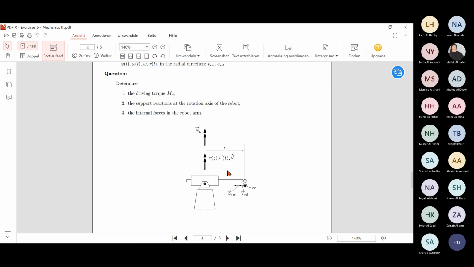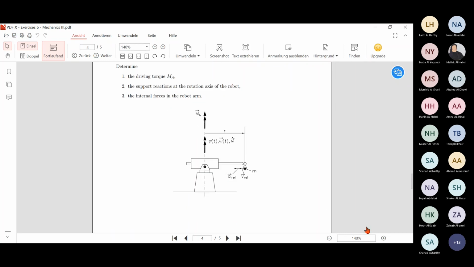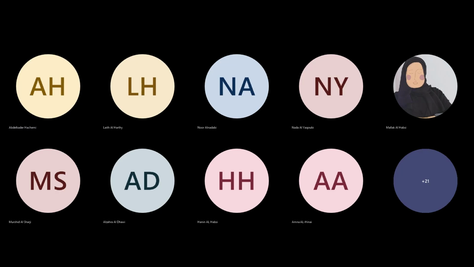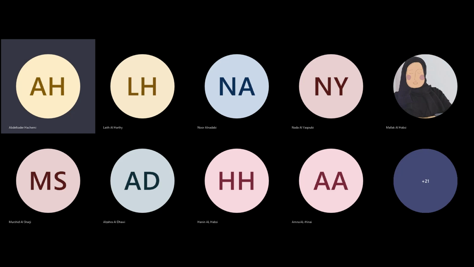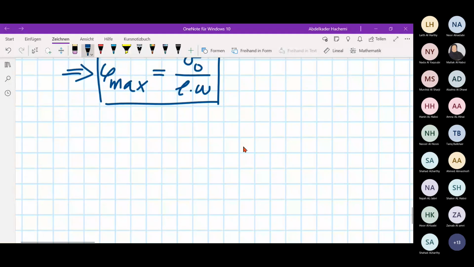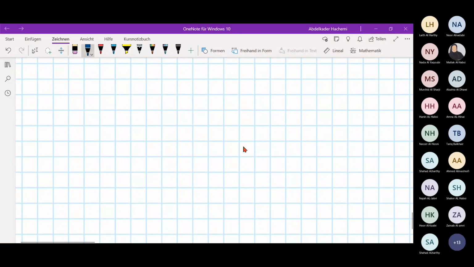Now, as this is a circumferential problem, we look to the solution here, exercise 4.